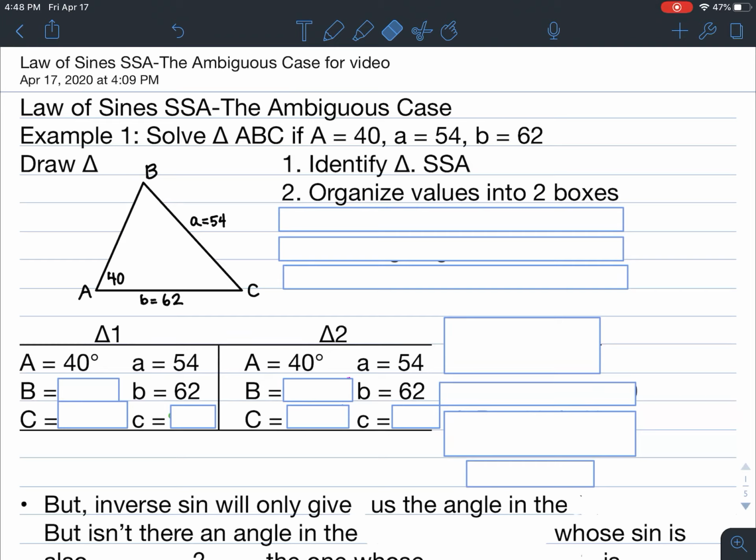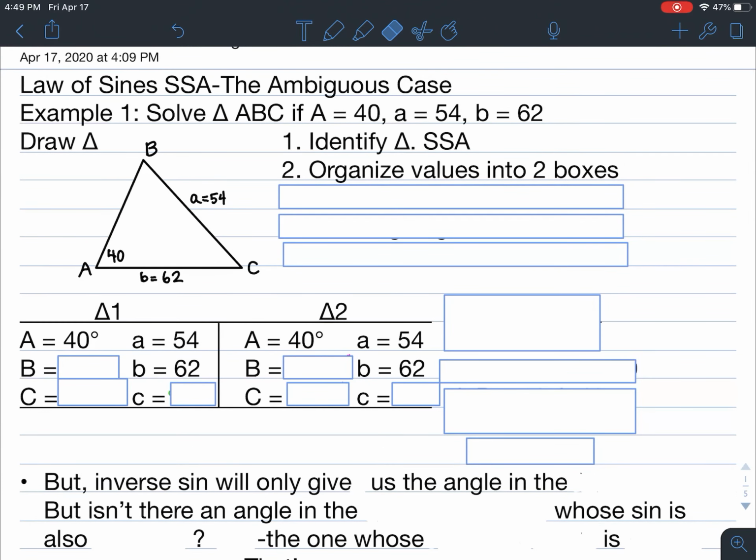So we're going to have triangle 1 and triangle 2 because when you have an SSA case, it's possible that there are two different triangles that could be. So there could be two different triangles that have this angle and these two sides. And the triangles won't be the same. But there could only be two possible cases.